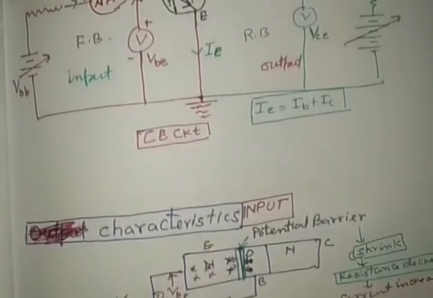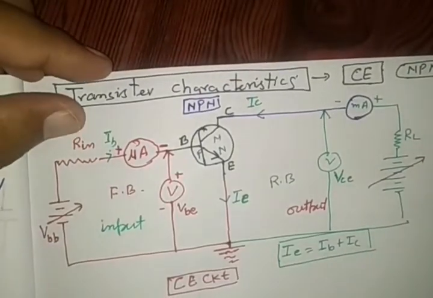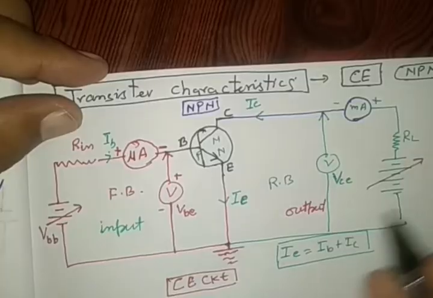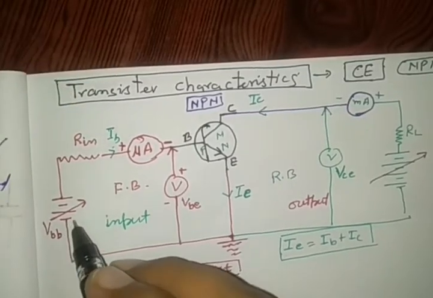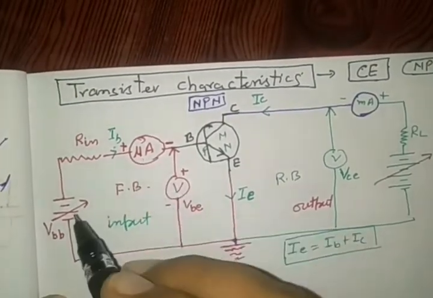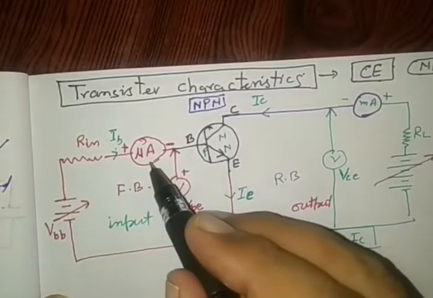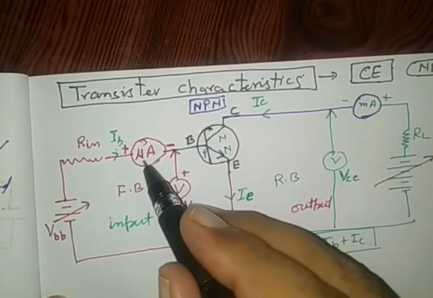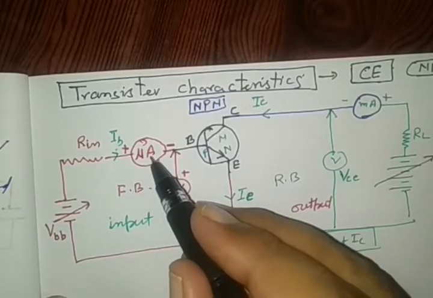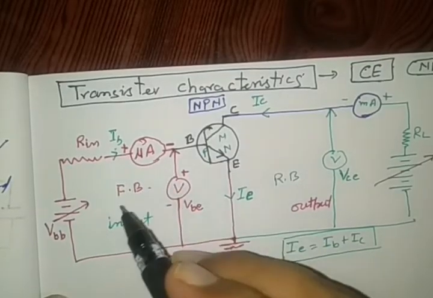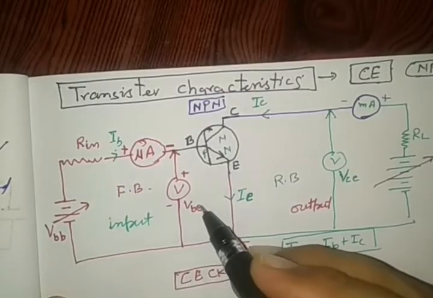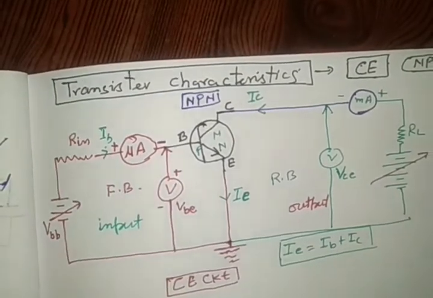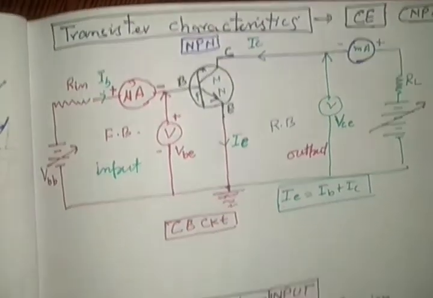Now see in the circuit diagram. Once the conditions are met, this voltage is made constant and the voltage in the input circuit increases from 0. Gradually we see the change in IB, which is measured by the microammeter and recorded, and at different voltages VBE, different currents are measured to plot a characteristic curve.